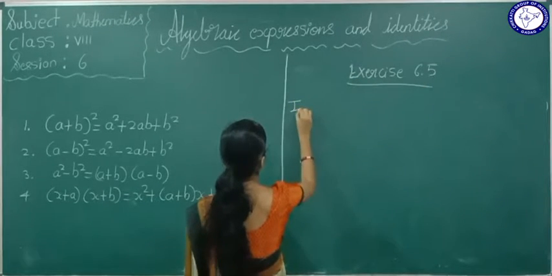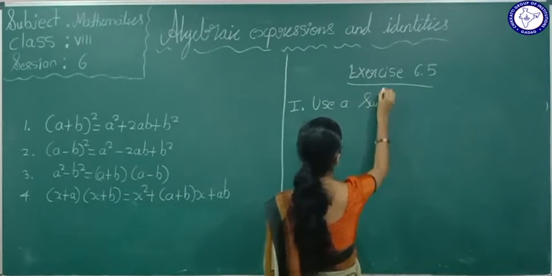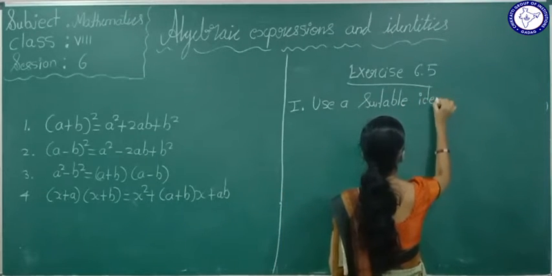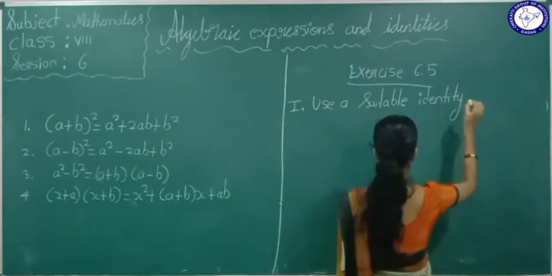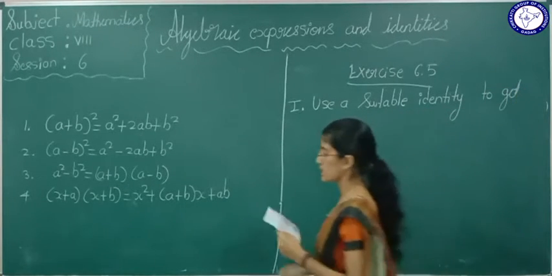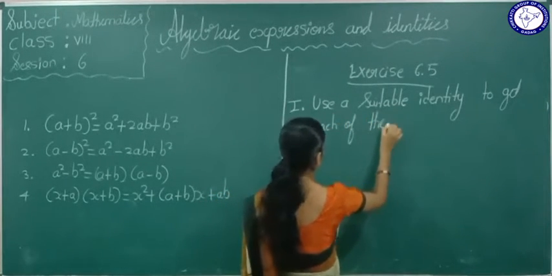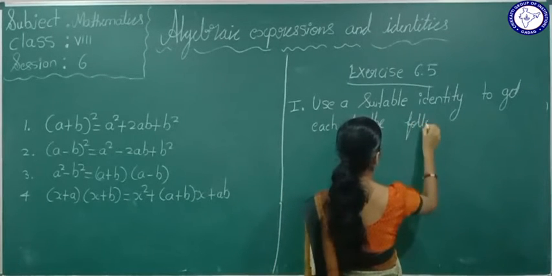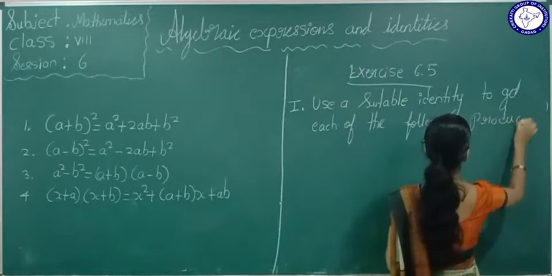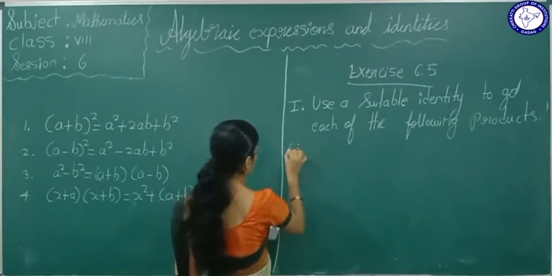Now see, the first one they have given: use a suitable identity to get each of the following products. In this, only a few I am going to solve, okay?